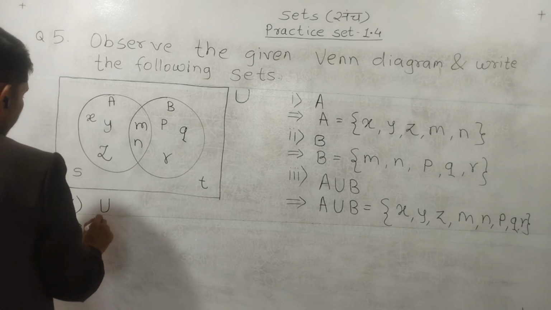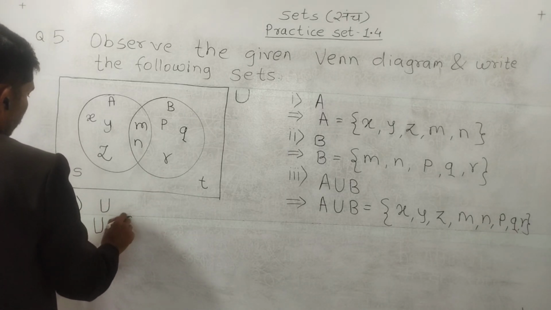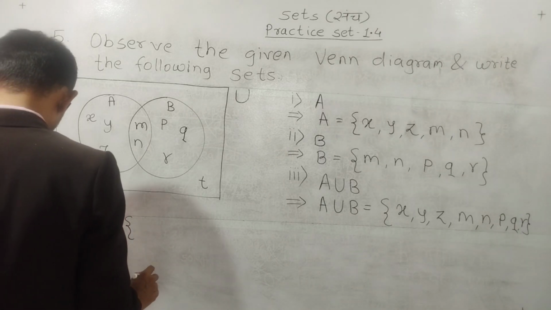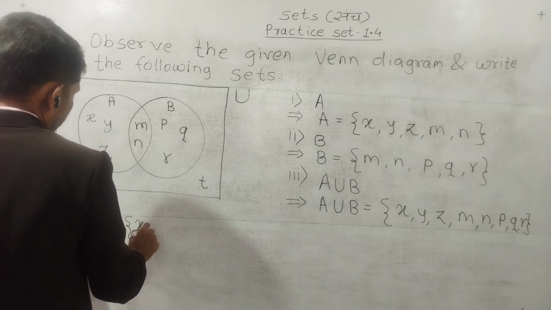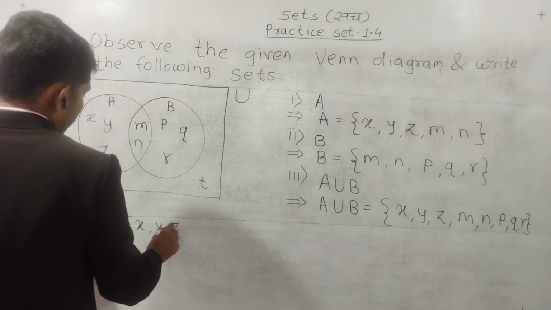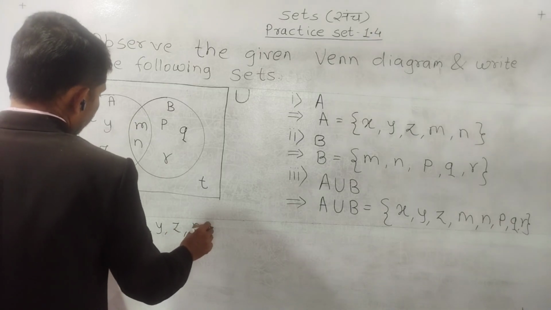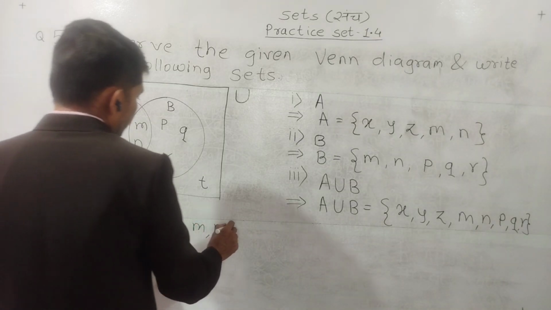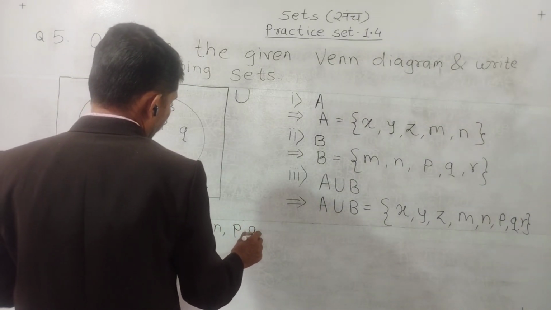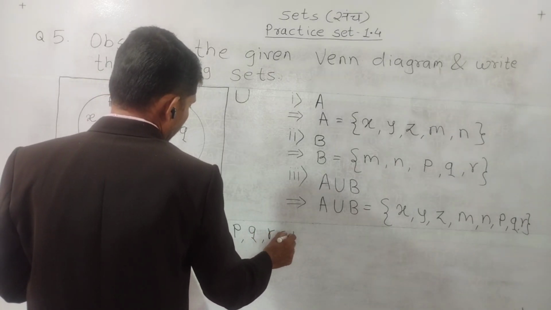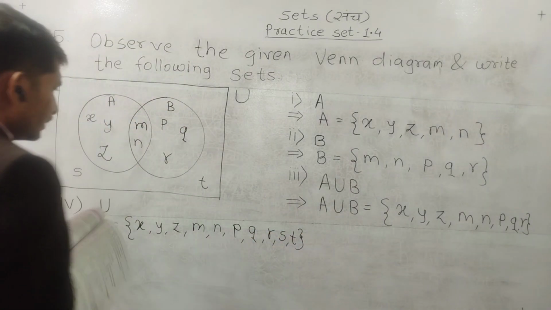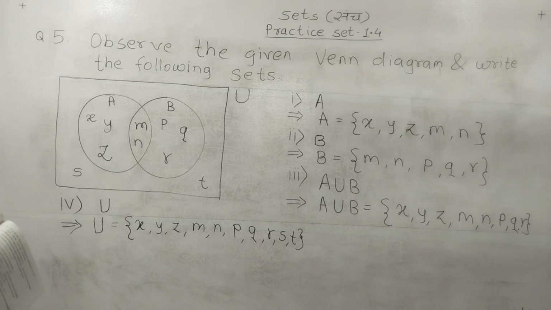So universal set is equal to x, y, z, m, n, p, q, r, s, and t. Okay, all these elements are coming under universal set. Universal set is very big.